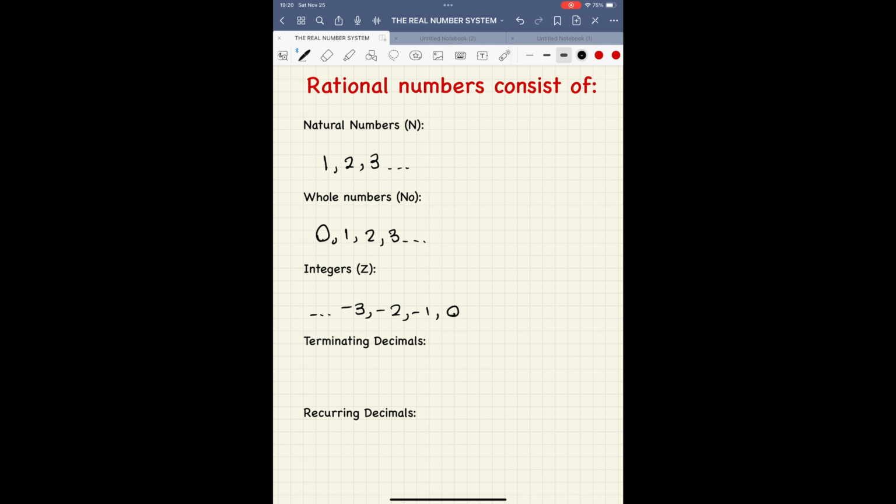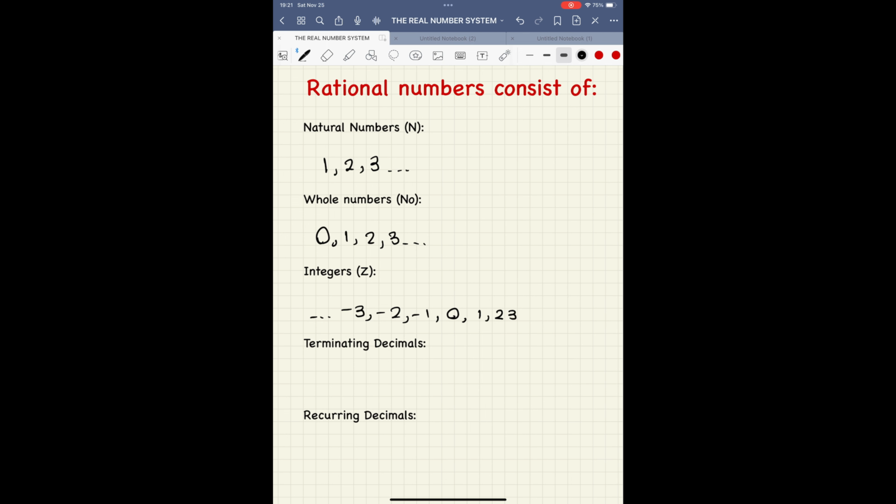Now we start with the whole numbers: 0, 1, 2, 3, and so on. I hope you all get my point. I wish I was teaching you live so that I can see where your mind is at. But for now, we'll just do it this way, okay?